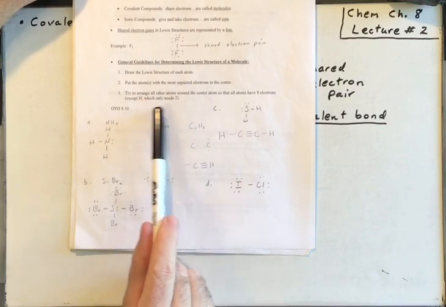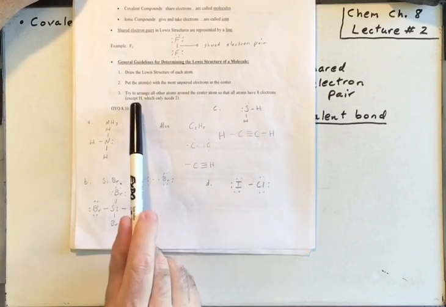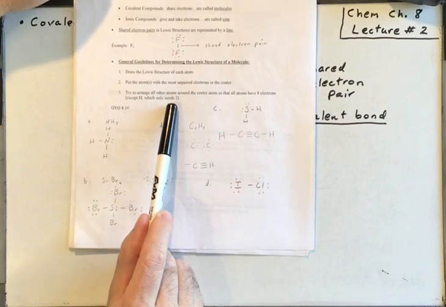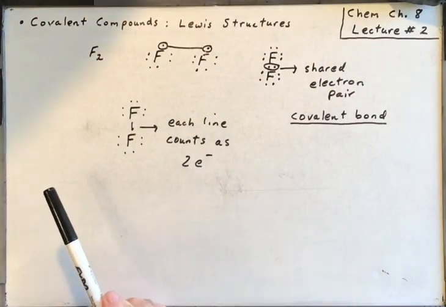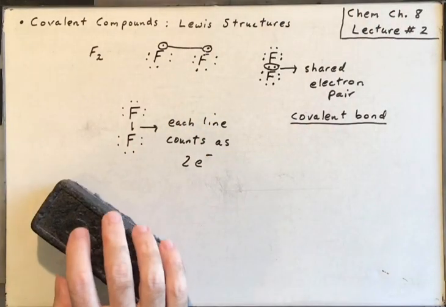Then try to arrange so that all the atoms have 8 electrons, except for hydrogen. Hydrogen only wants to have 2 in its outer shell. All the others, since these are covalent compounds, there won't be any metals. Everything is striving for the octet rule except hydrogen.